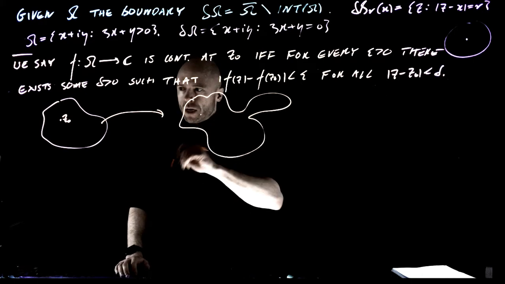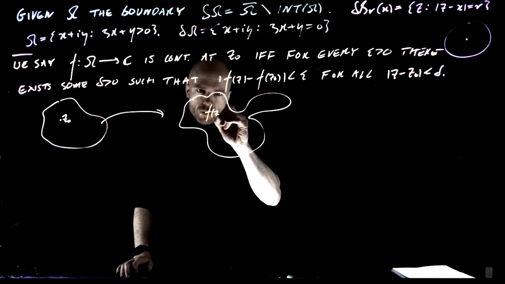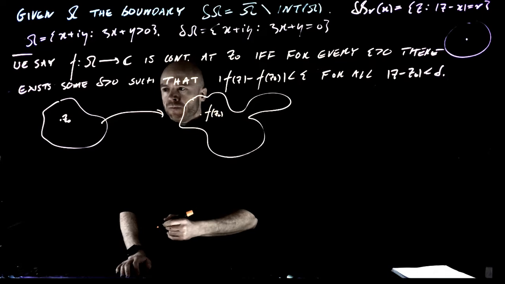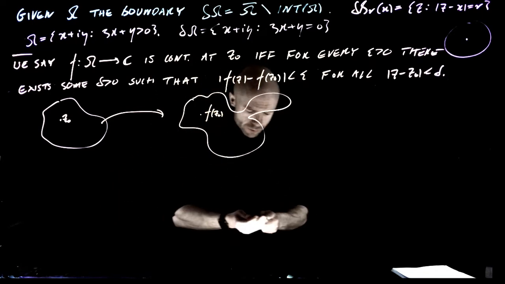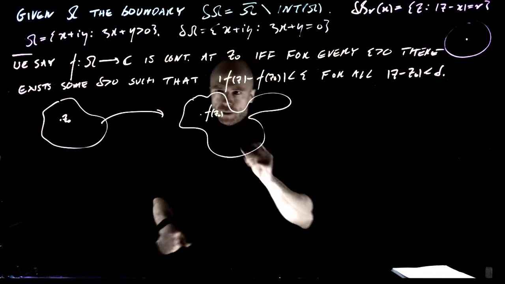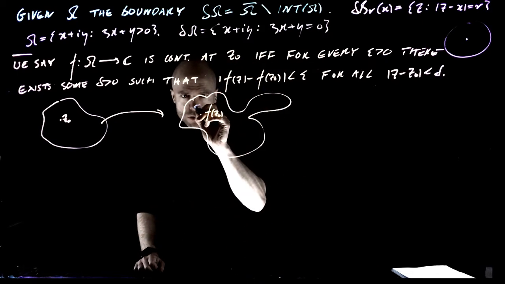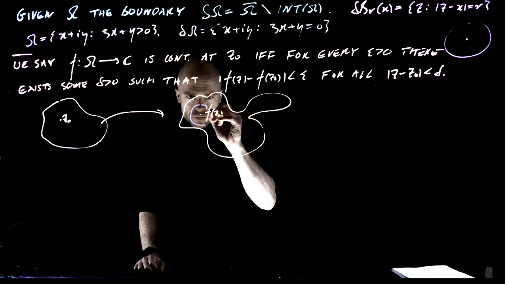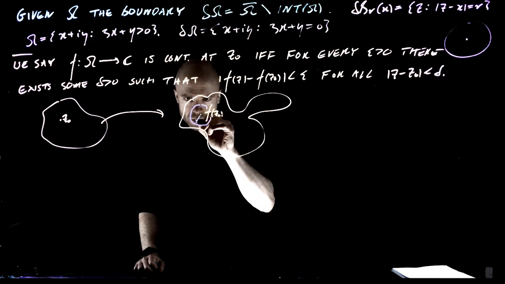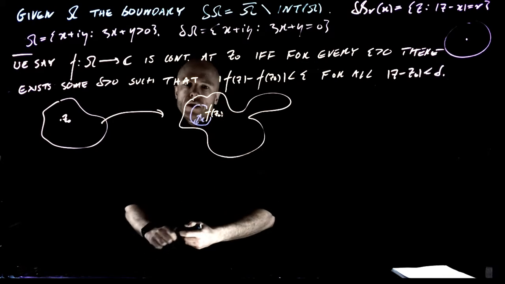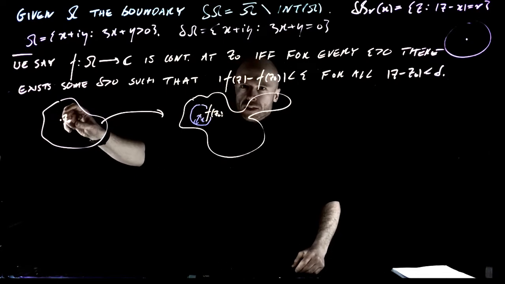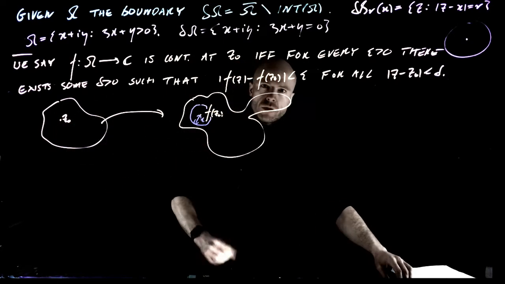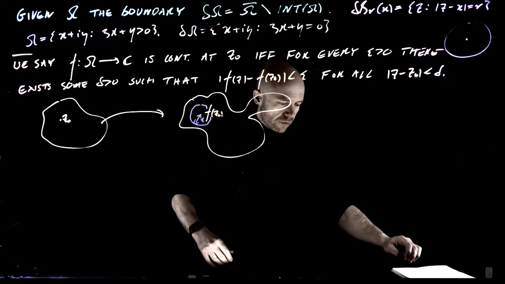And right here is some point f(z0). So what does this condition say? It says that if we put any ball of size epsilon around this point, then we can guarantee that the ball of size delta is mapped into this ball so long as we choose our delta small enough.